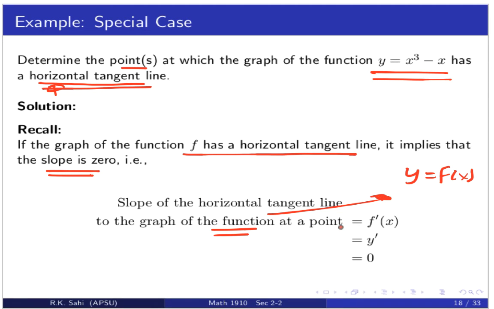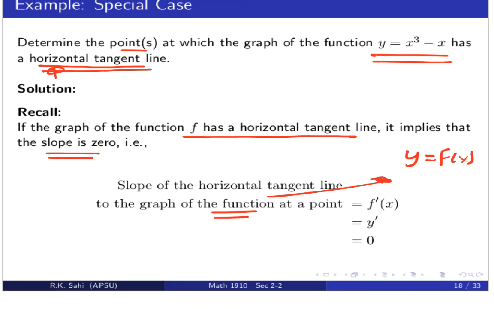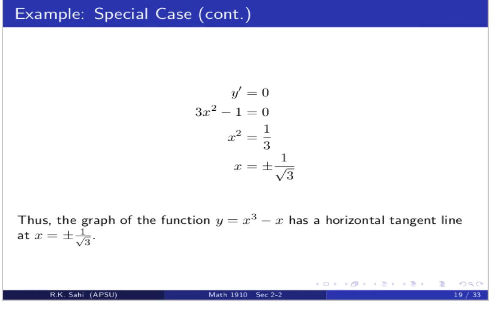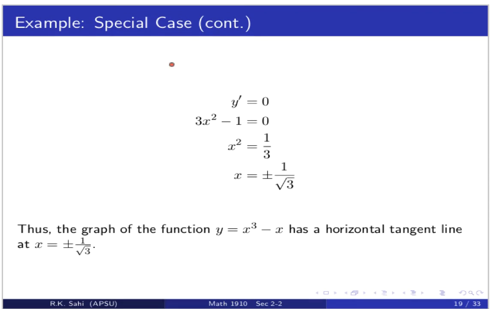So we said that y prime is 0. When we do the math here, what do you see? So y prime is 0. Y prime, remember, is your f prime of x. Remember, your f of x is what? It's x cubed minus x. So f prime of x is what? 3x squared minus 1. You're looking at the points where you have a horizontal tangent line, so 3x squared minus 1 is 0.